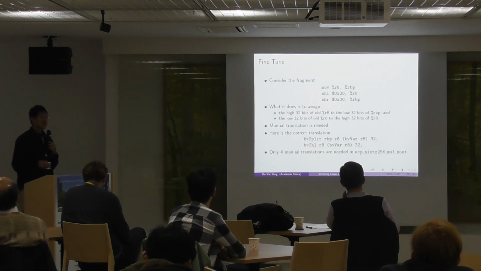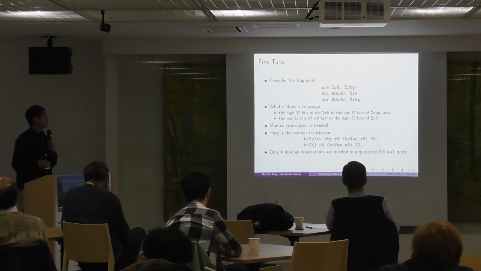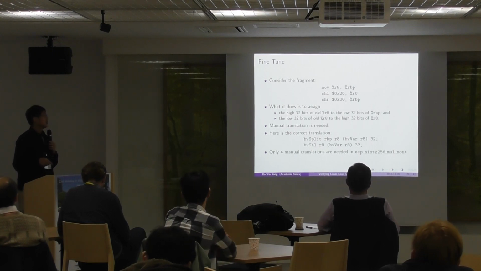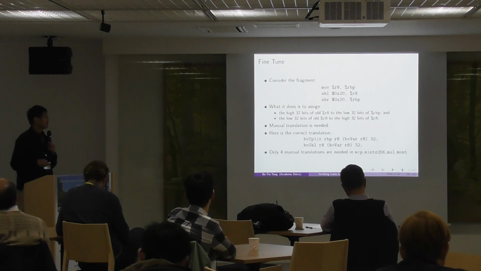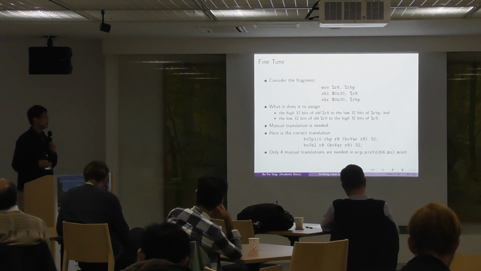And sometimes we need to fine-tune the result. So consider what happens here. We move R8 to RBP, shift left R8 by 32 bits, shift right RBP by 32 bits. What it does is it assigns the high 32 bits of R8 to the low 32 bits of RBP, and the low 32 bits of R8 to the high 32 bits of R8.